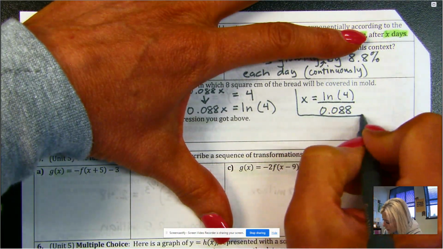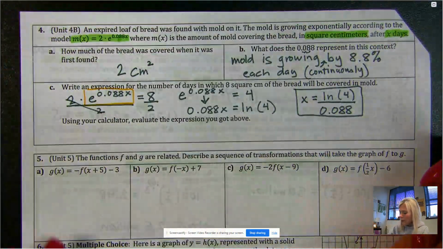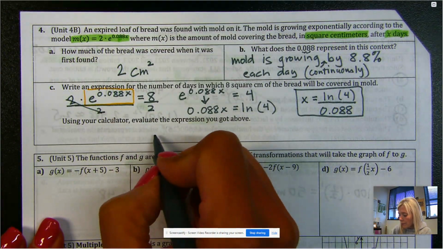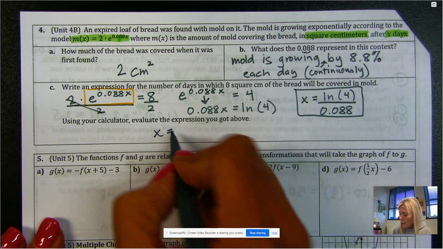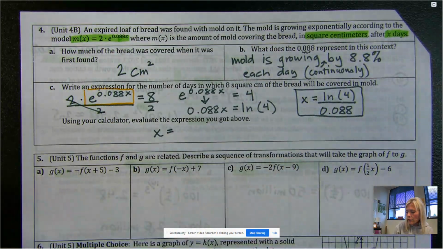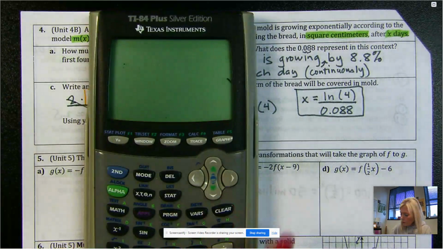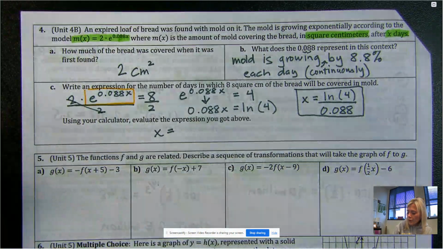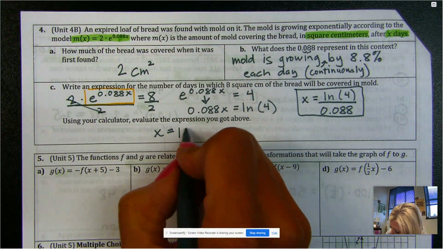Okay, that is the final answer for part A. And then for part B, or they're not labeled, they're just the second part of C, I guess. Just put it into a calculator. So the natural log of 4, close the parenthesis, and then divide by 0.088. 15.75.